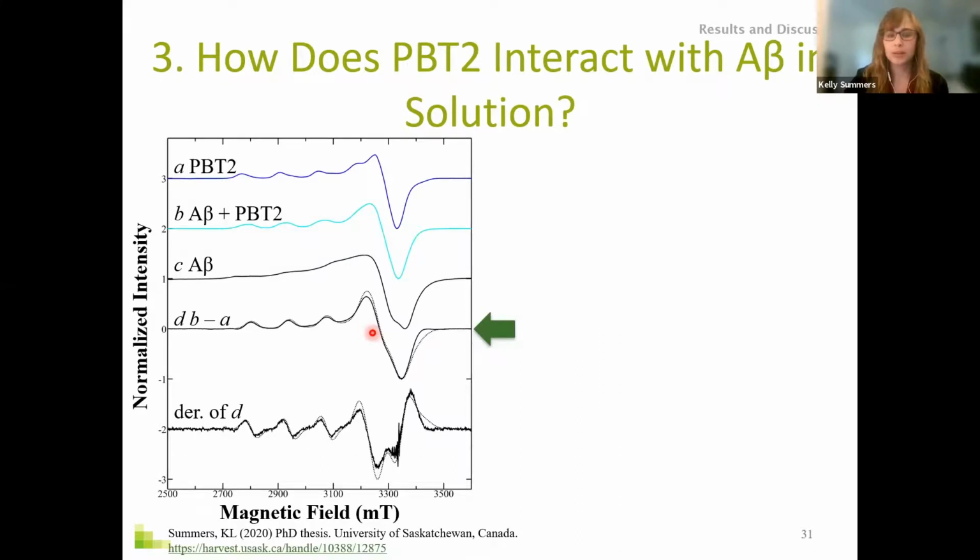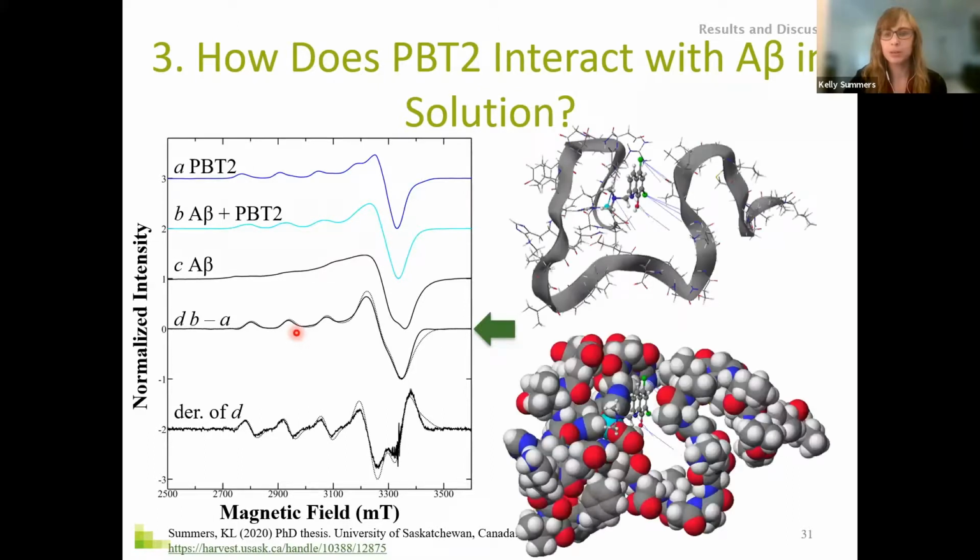And so this led us to hypothesize that maybe PBT2 can only remove copper from one of the components or one coordination environment from amyloid beta. And we did some preliminary calculations.